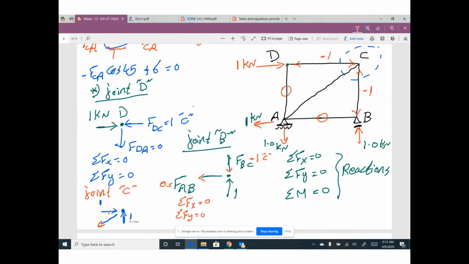This angle 45 degrees. If you apply summation Fx equals 0 or summation Fy equals 0, you can figure this force. It will be, I think, 1.4. 1. Tension. Tension and tension. So I solved my truss one more time, D2 unit load. These forces in your members are called small n.